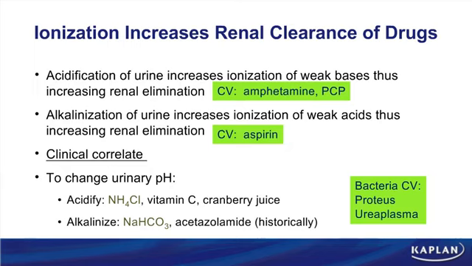They raise the pH of the urine. For example, if you get a patient with a UTI and the urine is alkalinized, Proteus could be a causative organism there. So we can manipulate the pH of the urine, obviously with drugs, to our benefit for a patient who has a drug overdose. But we also think about what other things like bacteria can do to the pH of the urine.